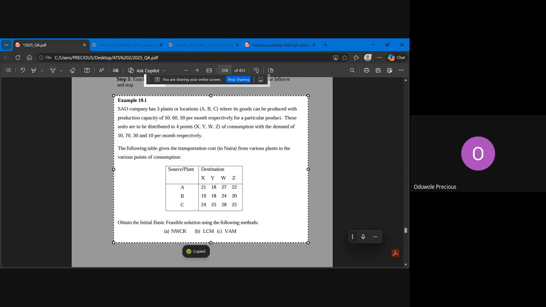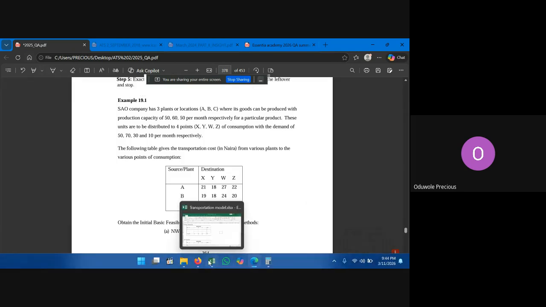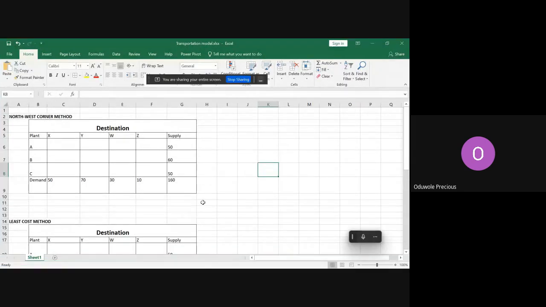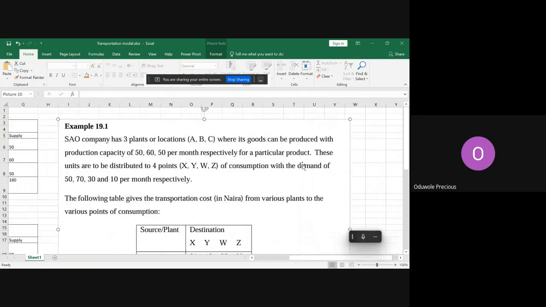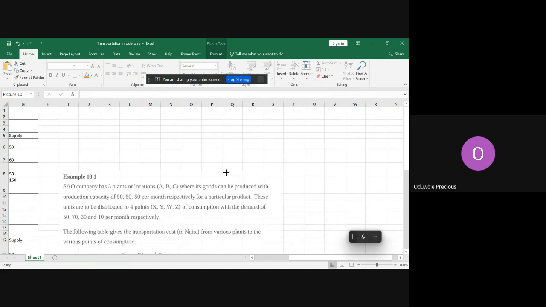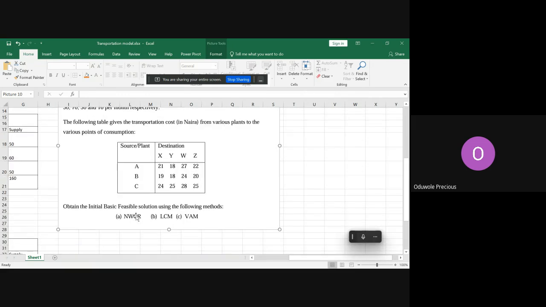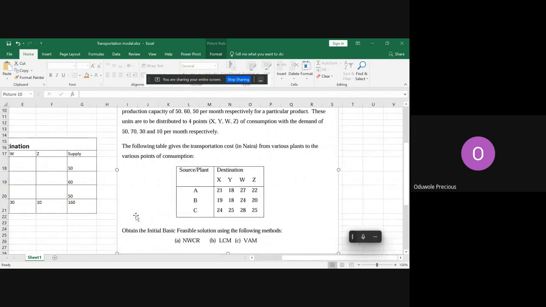I'm going to copy this into the worksheet that I want to use. I've already drawn out what we need. Let's put the question at the side so that we won't have to be going back and forth. Good, it worked. Moving forward, I'll be using this style because I feel it's easier than sharing the screen every time.